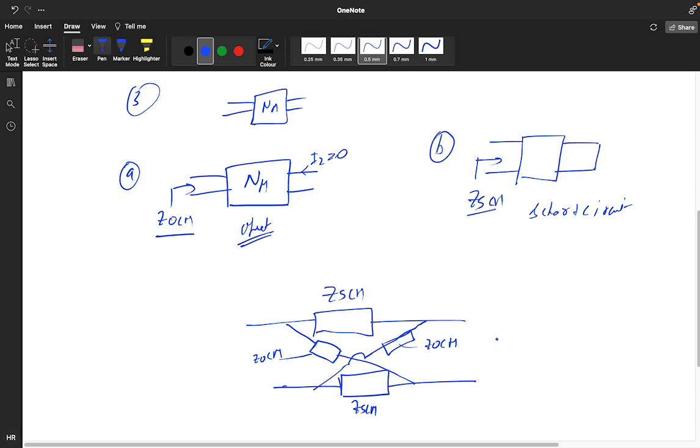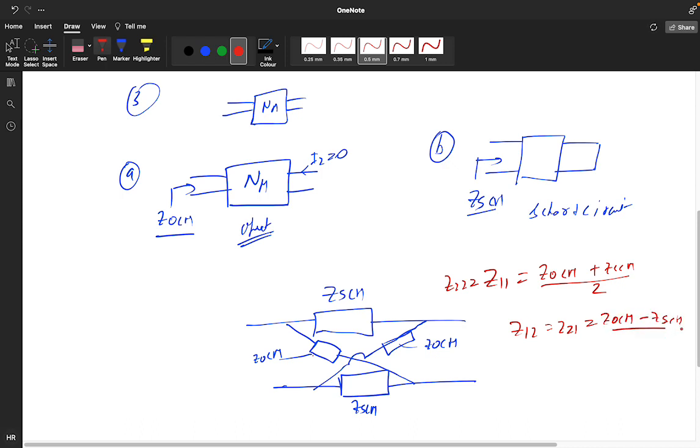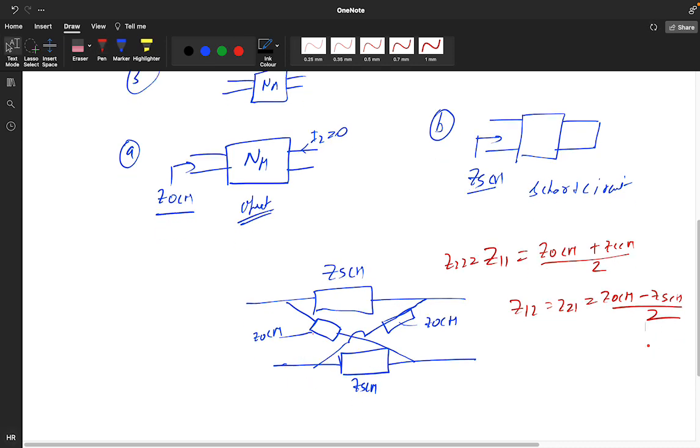So basically, Z11 will be what? ZOCH plus ZSCH by 2. And Z12, which is equal to Z21, will be what? ZOCH minus ZSCH by 2. Same formula we are getting.